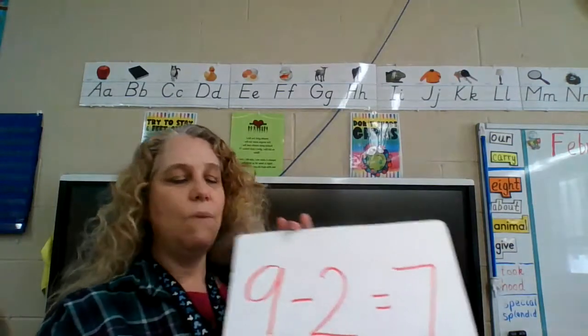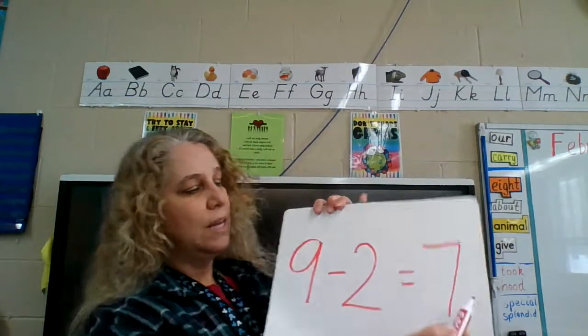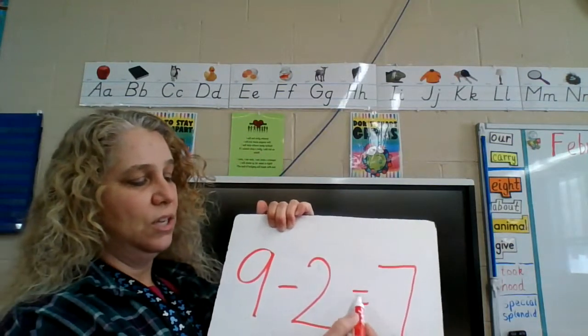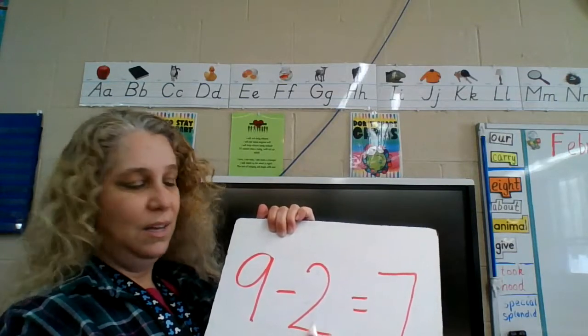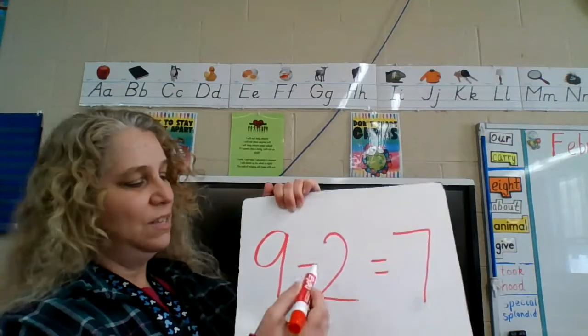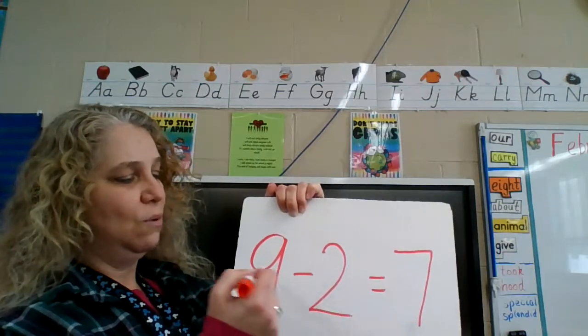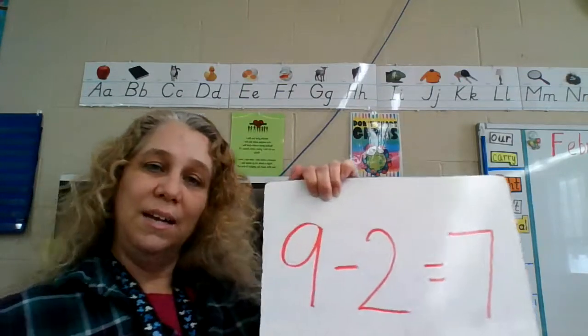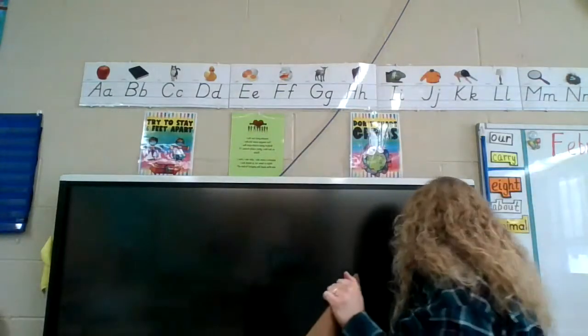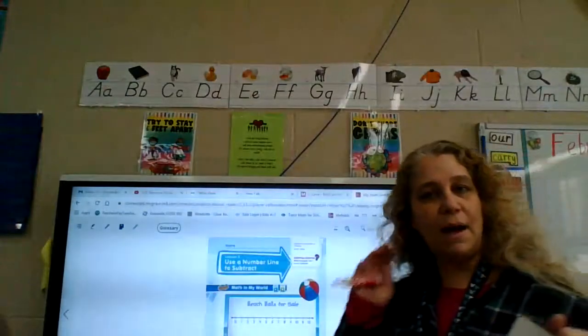So it's taking away. And you know what? If you change this to a plus, you'd say 7 plus 2 equals 9. And it does. 9 minus 2 equals 7. Okay, so that was what you learned counting back on Friday.